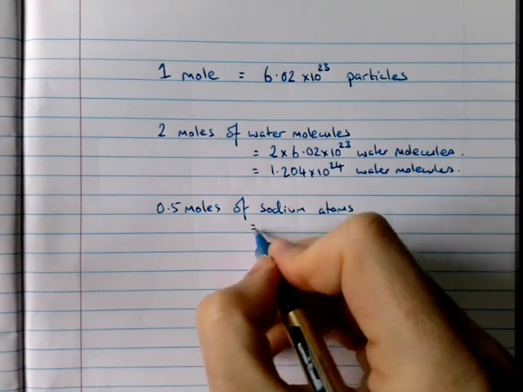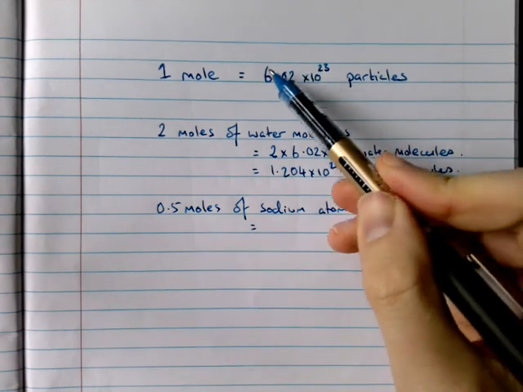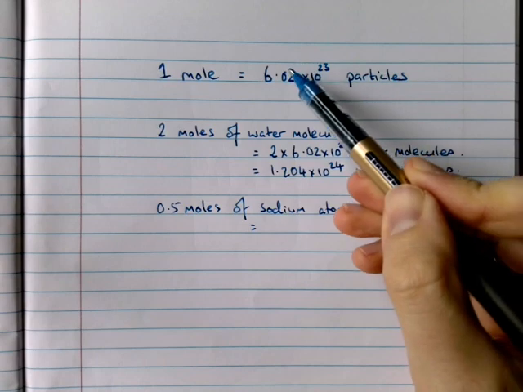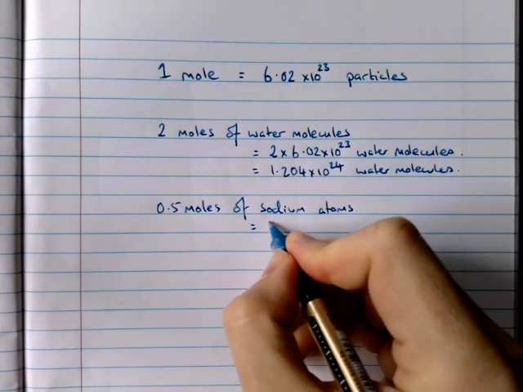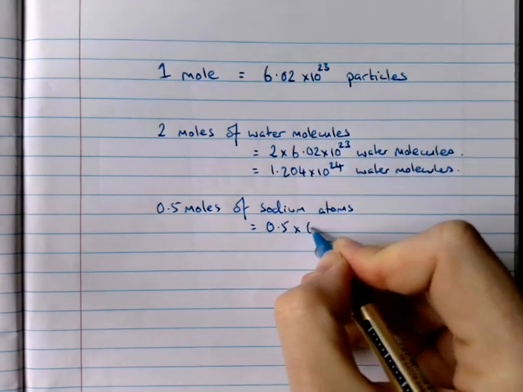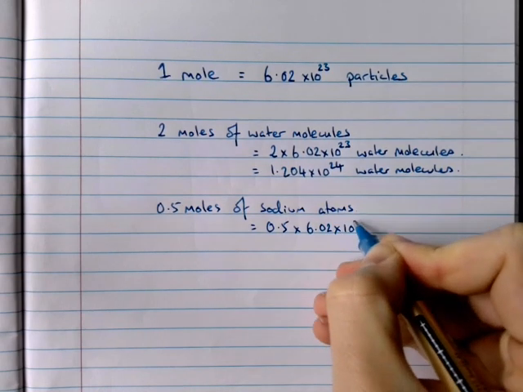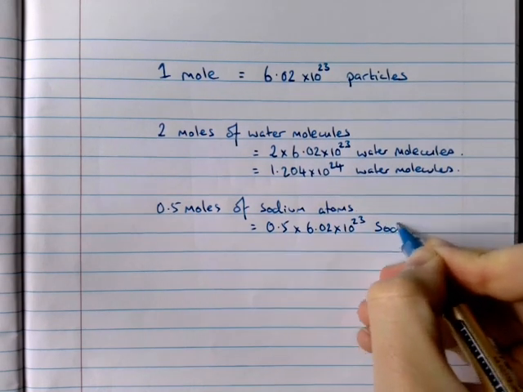All right, so I know that in 1 mole of sodium atoms, I would have this many sodium atoms, but I've got 0.5 moles, so it's 0.5 times 6.02 times 10 to the 23 sodium atoms.